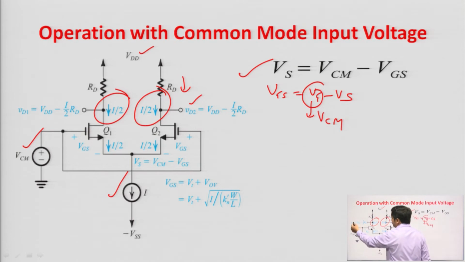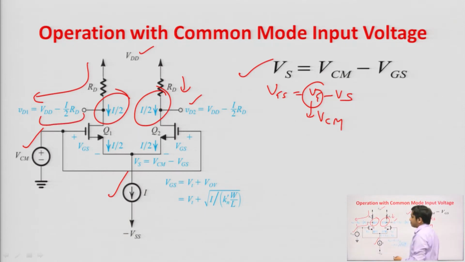Similarly, what will be VD1? VD1 will be VDD minus I by 2 into RD, as I by 2 current is flowing through RD resistor. Now, you can see that the value of VD1 and VD2 are same, because the currents flowing through Q1 and Q2 transistors are same.